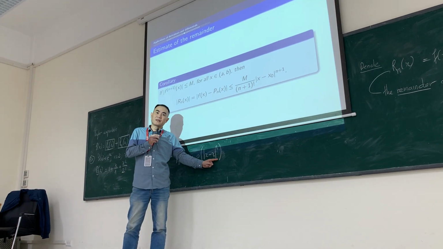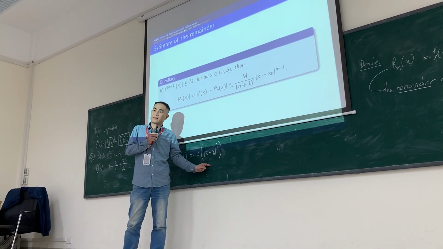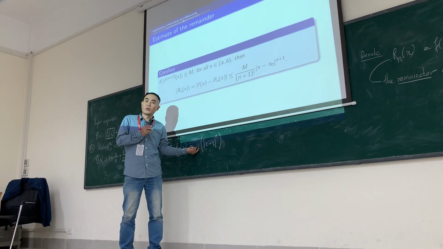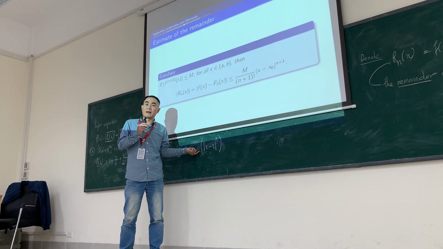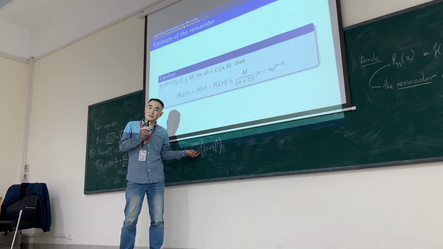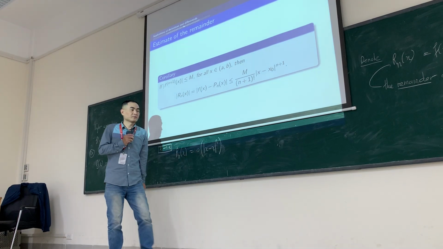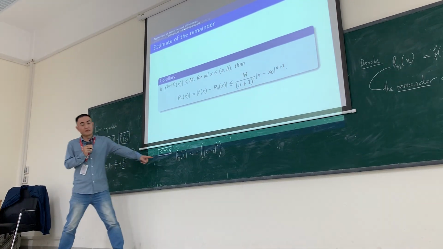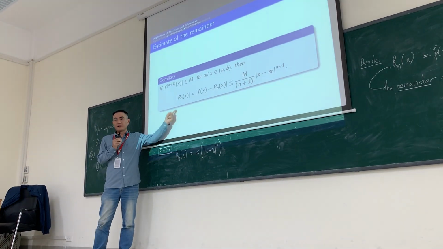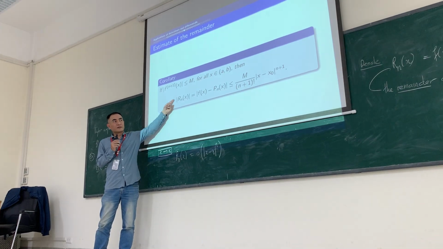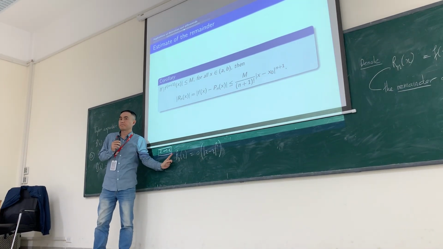Khi ta viết cái o nhỏ này tức là hiểu là vô cùng bé bậc cao hơn nhé, được chưa nhỉ? Đó, ghi thêm như thế này, từ cái này ta có tính chất này.